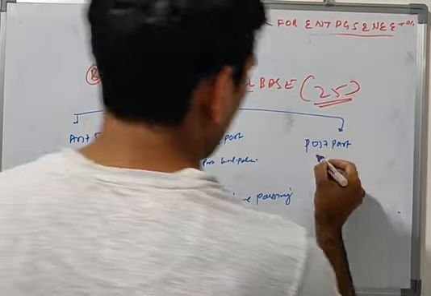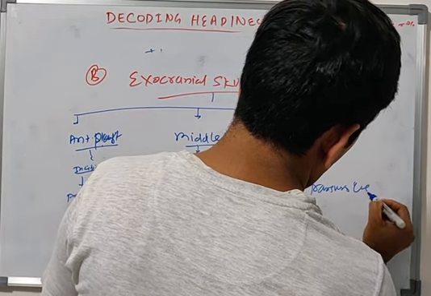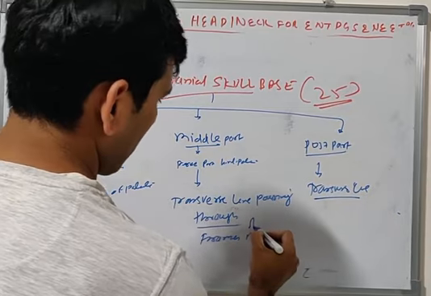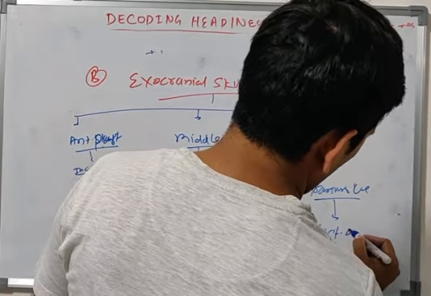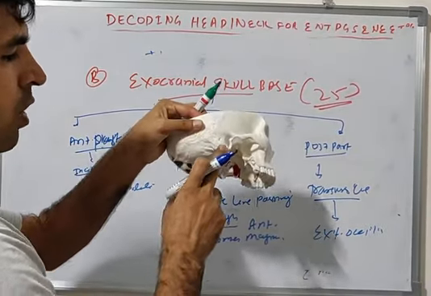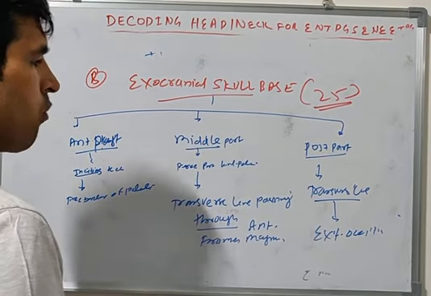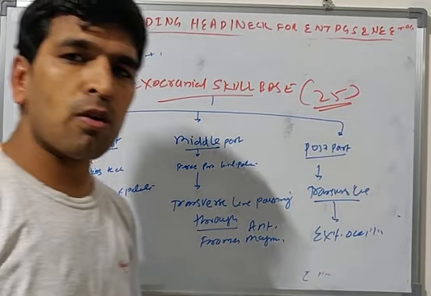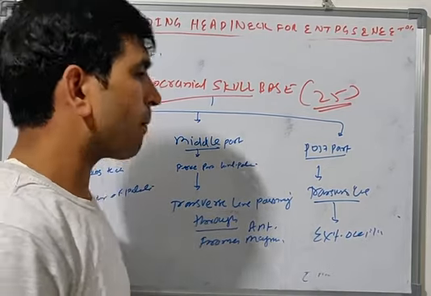The posterior part is behind the transverse line passing through the anterior margin of the foramen magnum to the external occipital protuberance. It means any mastoid, suboccipital or retrosigmoid approach is a posterior cranial fossa approach, not a middle cranial fossa approach. If you talk about infratemporal fossa approaches, they are middle or lateral skull base approaches, in the middle cranial fossa.